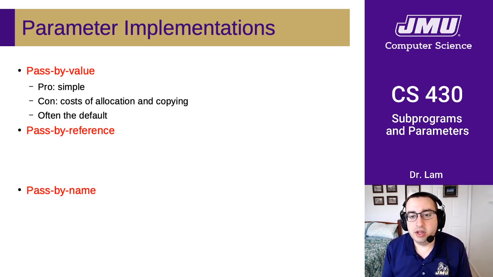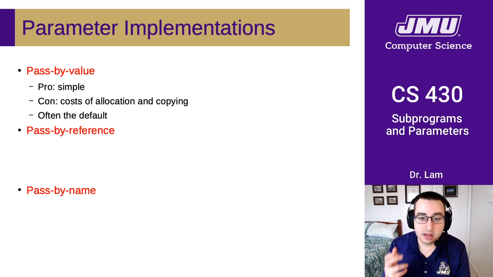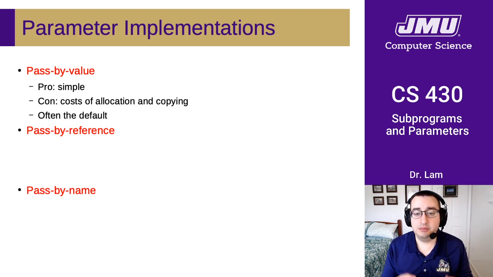The disadvantage here is that once you start working with very large objects, passing by value becomes very expensive because you have to copy the entire value when you copy it into the subprogram. But it is very easy to reason about, and so this is often the default in a lot of languages, specifically often even in systems languages.